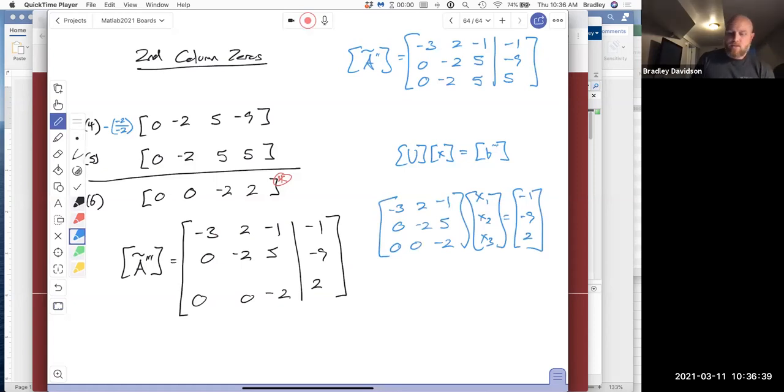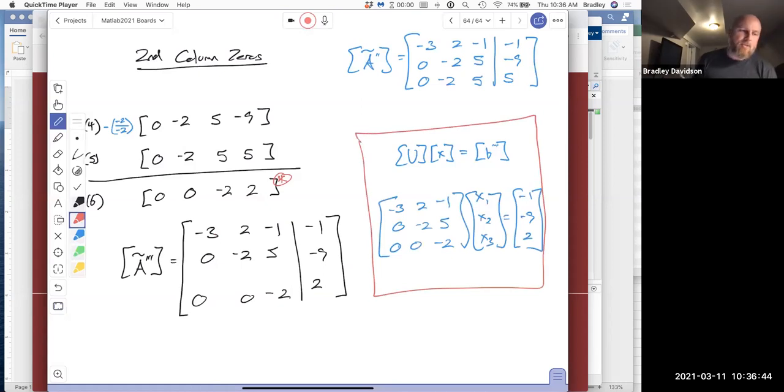All right? So we've just used a forward elimination method to change the Ax = b system into a Ux = b system. So I hope you can start to see the value of this, okay?